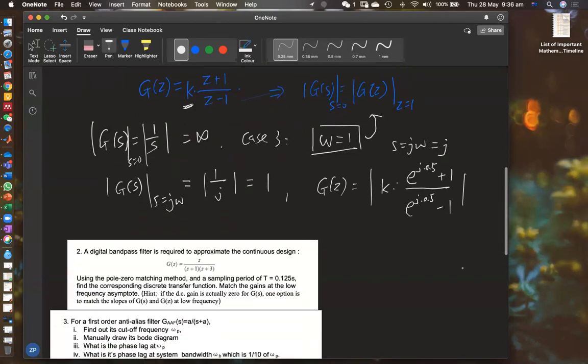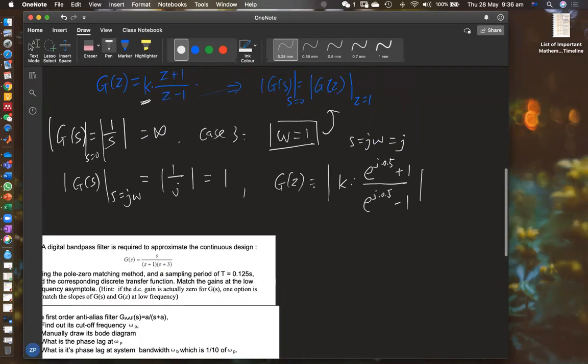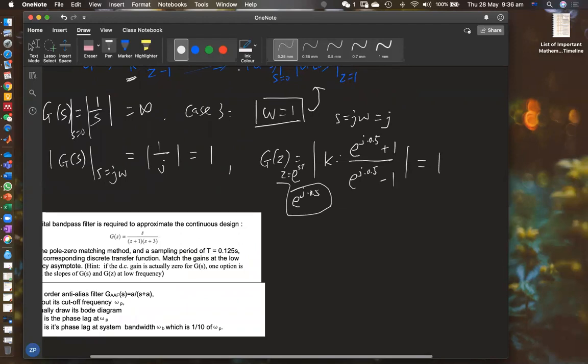Basically this is a complex number, and we want to find its value. So z equal to e^(sT) with s equal to j and T equal to 0.5. We put that in there, and this is equal to 1, because these two need to be equal to each other. So pretty much what we need to do is find this.